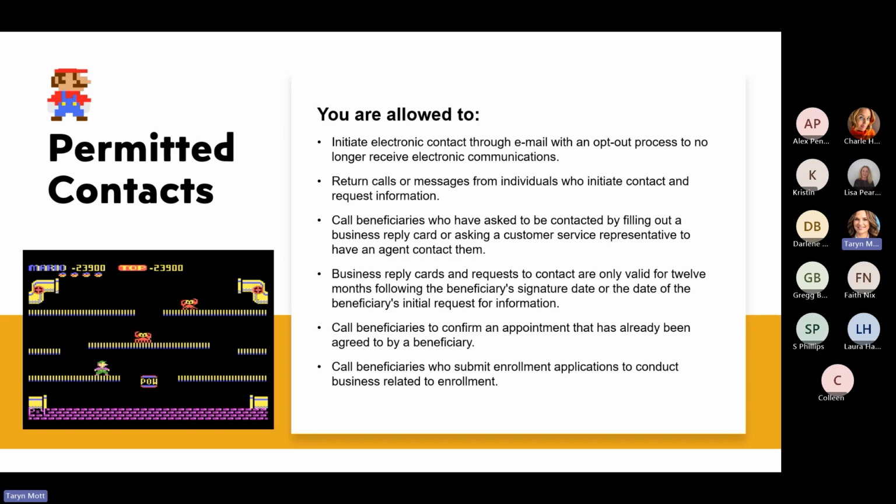Call beneficiaries who have asked to be contacted by filling out a BRC, which is a business reply card, or asking a customer service rep to have an agent contact them. Business reply cards, BRCs, and requests to contact are only valid for 12 months following the beneficiary signature date or the date of the beneficiary's initial request for information.